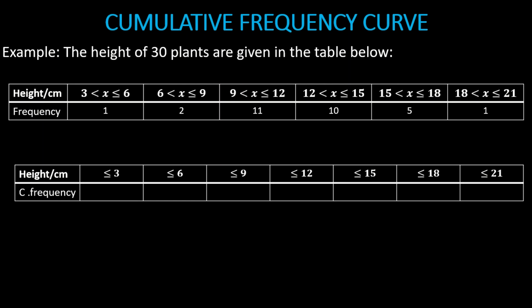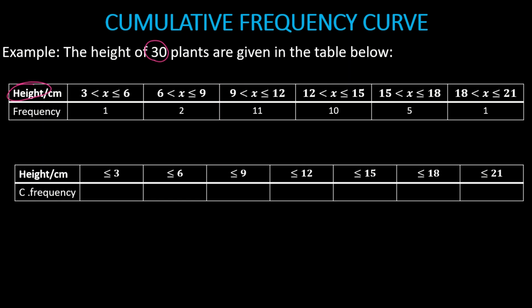Example, the height of 30 plants are given in the table below. So this is what we call a grouped frequency distribution table, because the information has been grouped into classes, into intervals. In the first row we have height of plants.